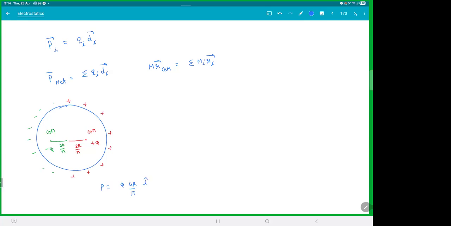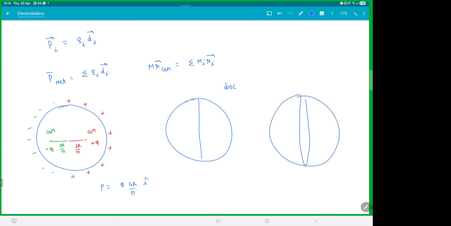And the best part, this works for any uniform charge distribution. So you can take a disk, you can take a hemisphere. You can replace all the charge at the center of mass.